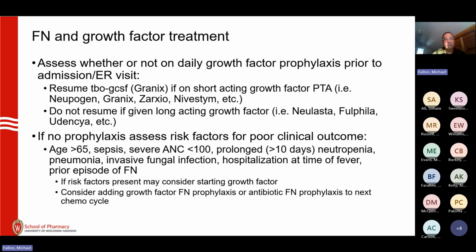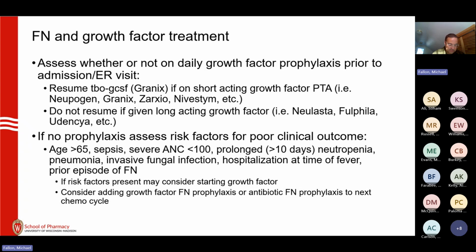If they're over 65, if they have sepsis, if their ANC is 50 or 20, if they've had neutropenia for more than 10 days, or it's expected to be more than 10 days, pneumonia, invasive fungal infection, hospitalization at the time of fever, so they're in the hospital for something else. And then a prior episode of neutropenic fever, we almost always would add prophylaxis at the next regimen.